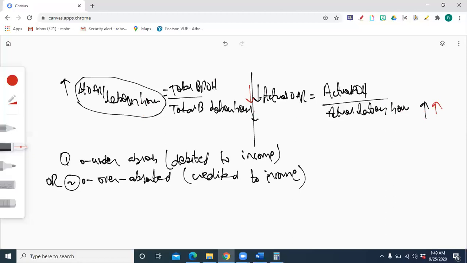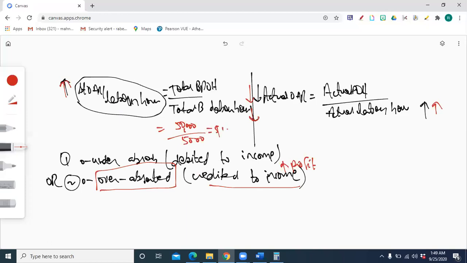That means budgeted labor hours are less, so standard OAR would be more. If standard OAR is more, I am absorbing more than the actual overheads. So over-absorbed is my income, which increases my profit as a correction. Let me take the example.